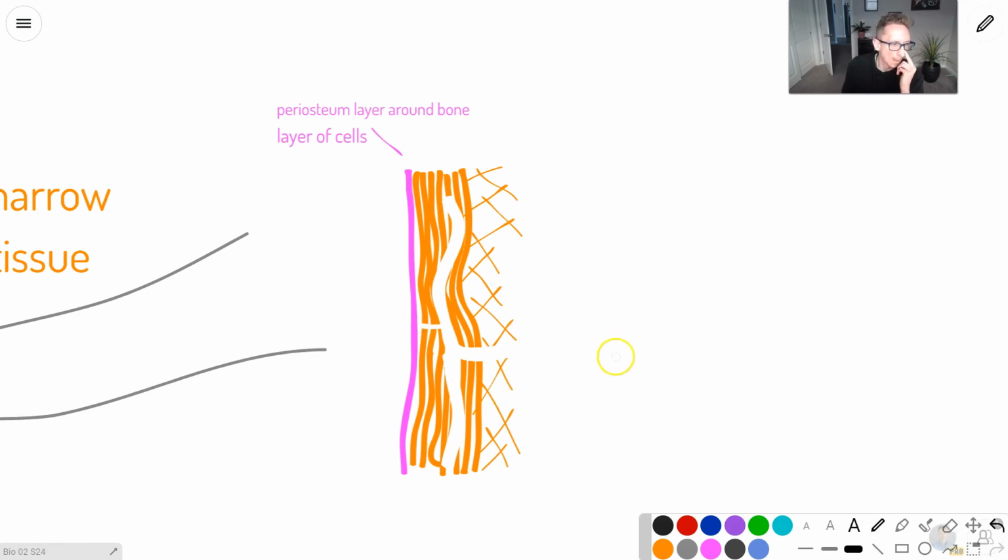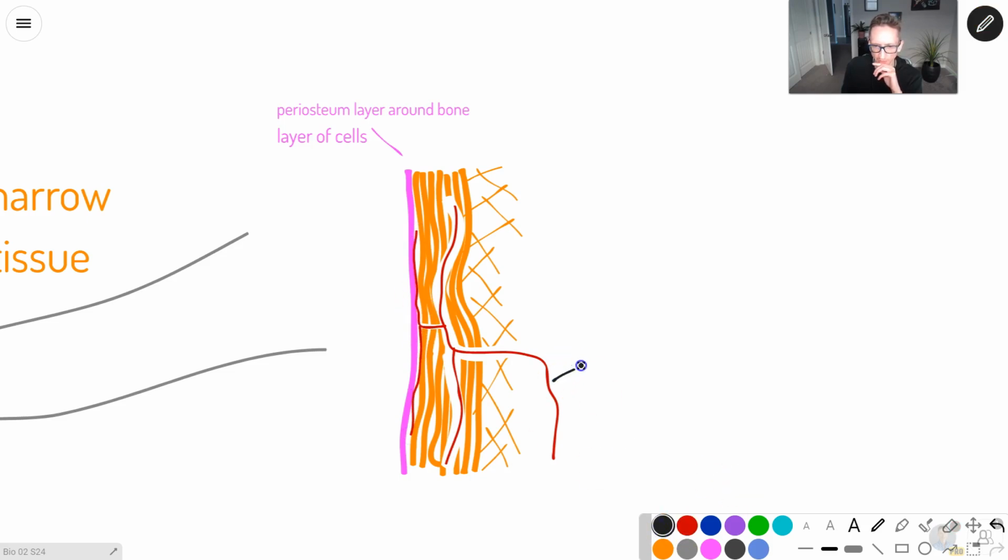Like so. And they'll run along the length of the periosteum as well.